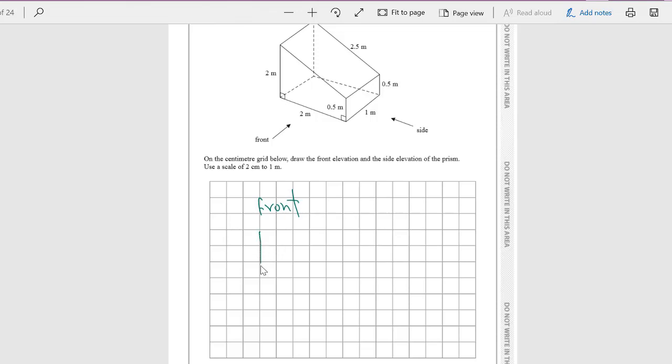So 1, 2, 3, 4. And then the same thing, so 1, 2, 3, 4. And then we've got 0.5, so it's going to be that. Connect that up, brilliant. And then if we have the side, so same thing. This is 1 meter. So that's 2 boxes. And then it goes up.